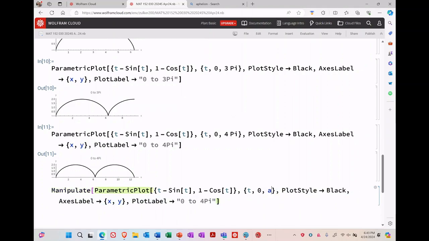So go 0 to A. Get rid of the plot label. Let's manipulate A from 0 to, I don't know, 20 pi.